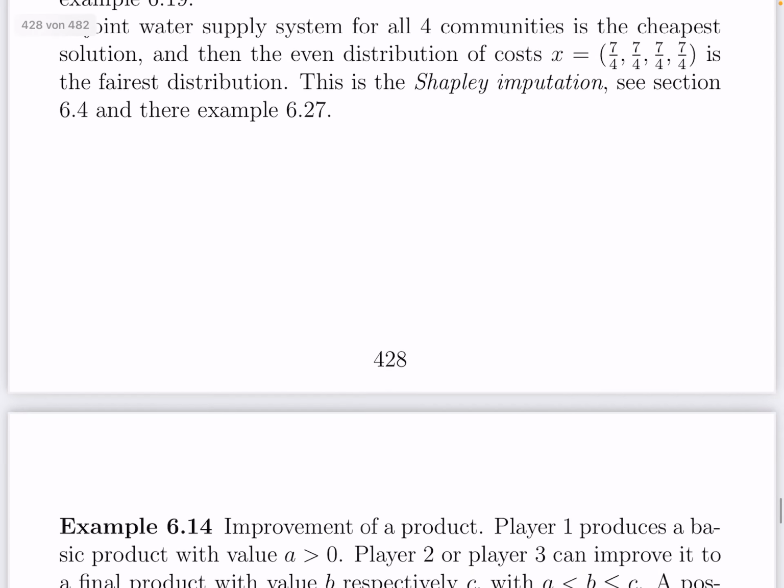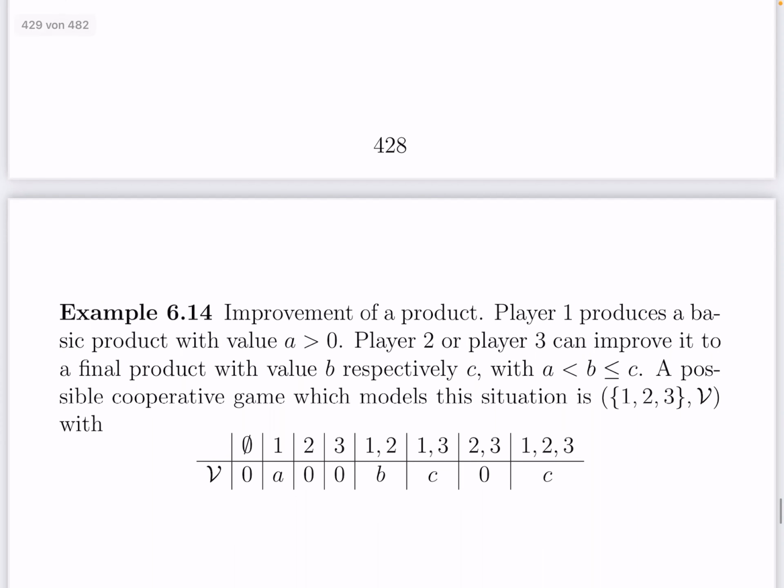Now there comes another small example. In the moment, I just want to model some situation by some cooperative game. The situation is the following.